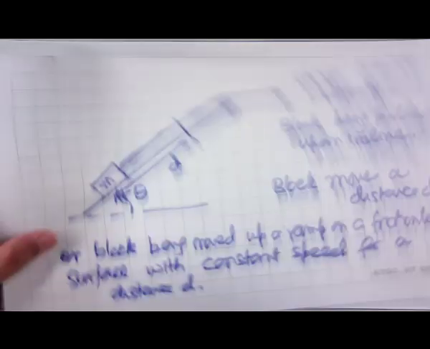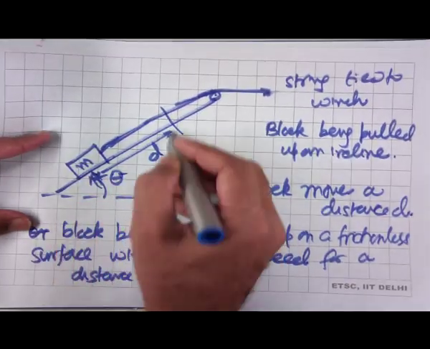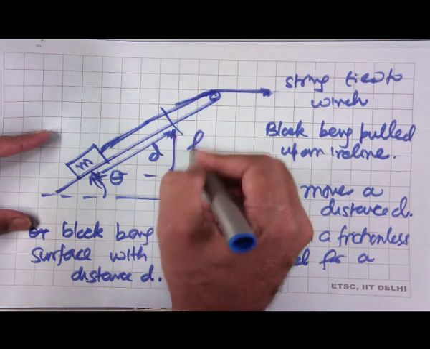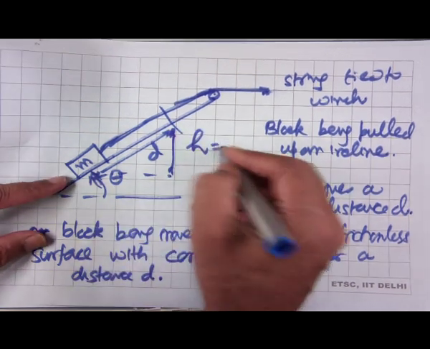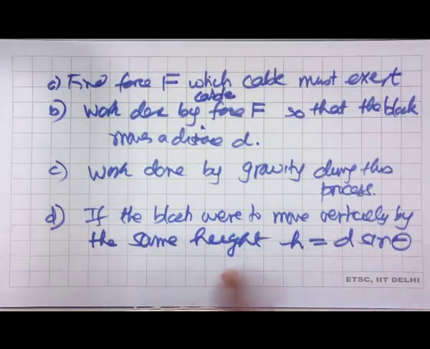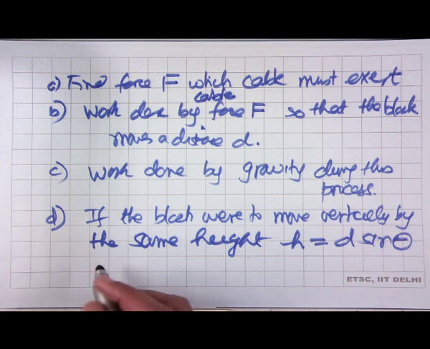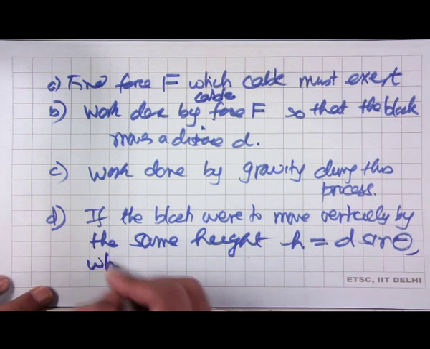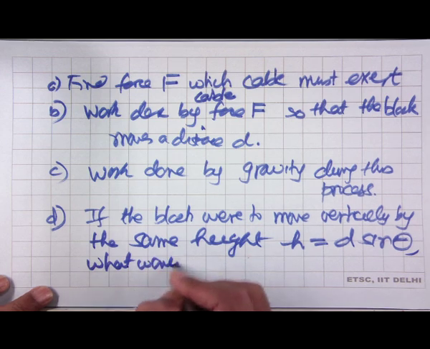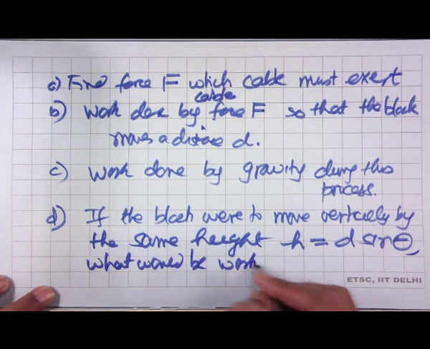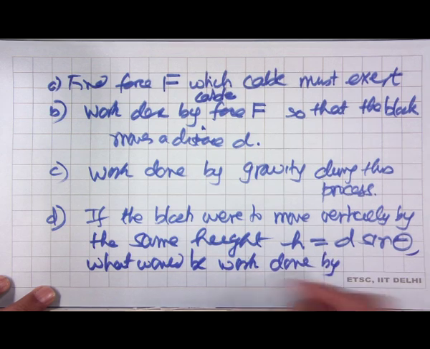The vertical height the block moves up is d sin theta. So if the block were to be carried up by a height h equal to d sin theta, what would be the work done by gravity?